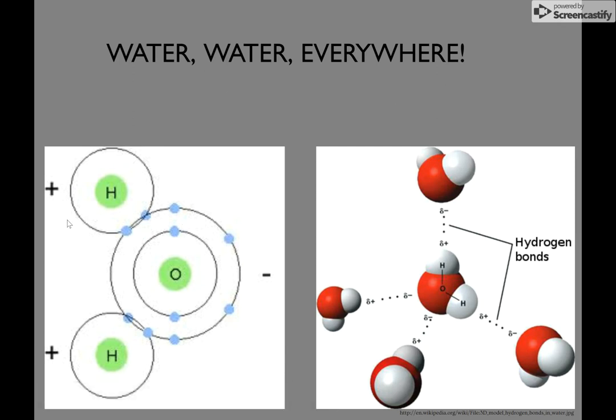And remember what we talked about with bar magnets is that opposites attract. So what you get with water is that it starts to form these interactions between water molecules, and they're called hydrogen bonds. That's where the positive end of the hydrogen and the negative end of another water molecule are attracted to each other because opposite charges attract.